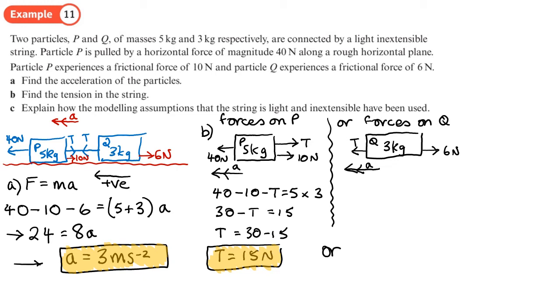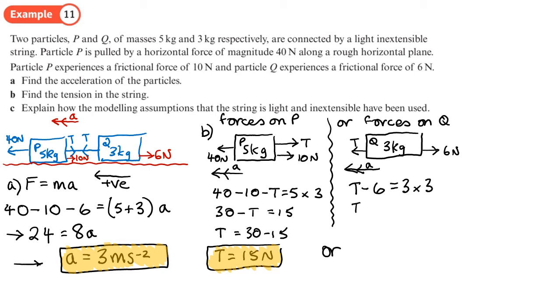So if I look at the forces on Q, again, it's moving to the left. So the resultant force is going to be T minus 6. T's pulling, 6 is going the other way, so it's a negative, equals ma. So this time the mass is 3. The acceleration is still 3.